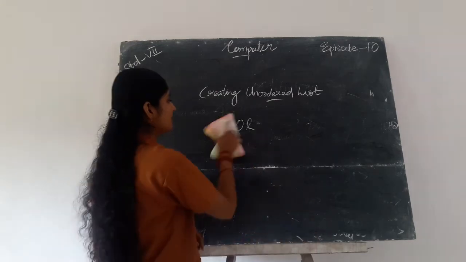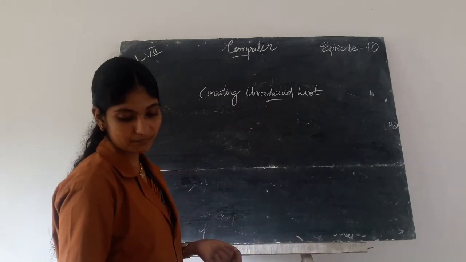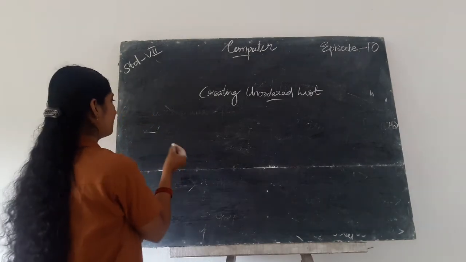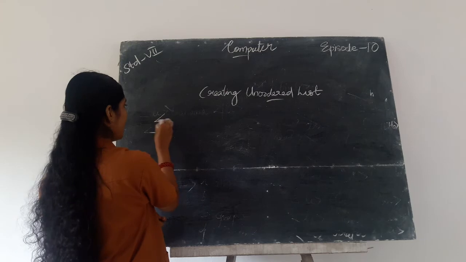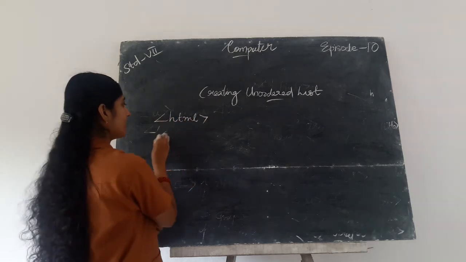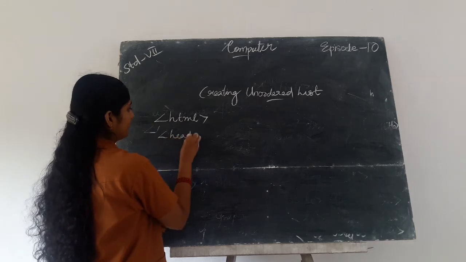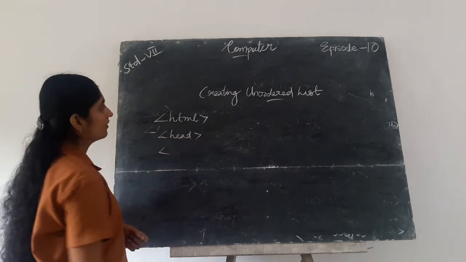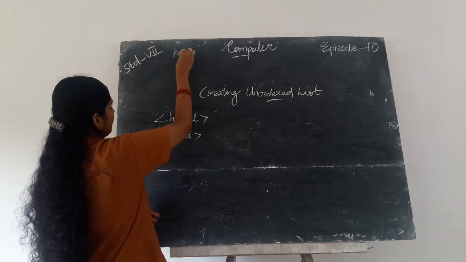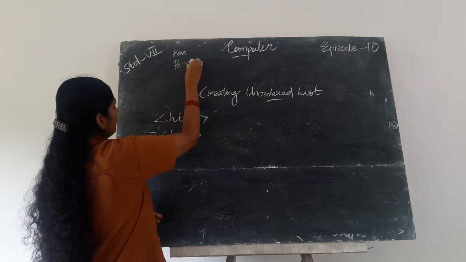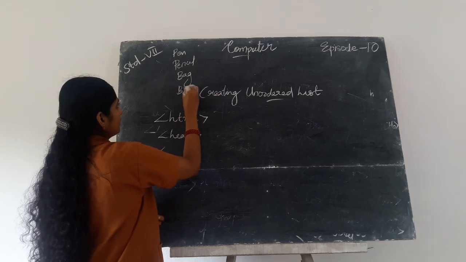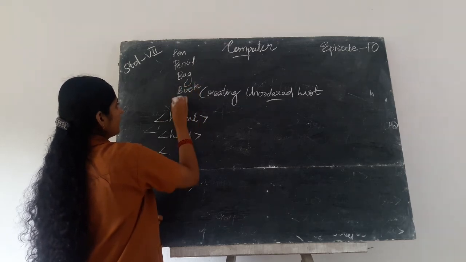Okay, so let's do it. Here is an example. Let's take the same example. First HTML. Second part is the head part. Then a list of items, for example, pen, pencil, bag, book, eraser.